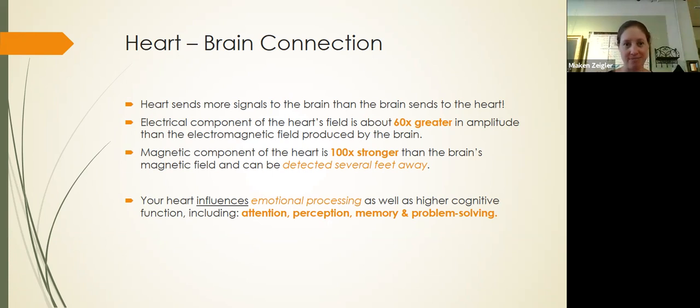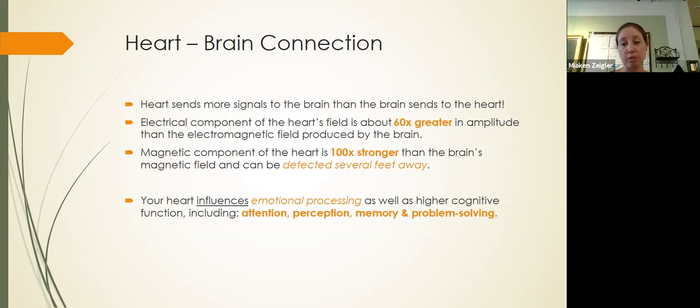So when we're talking about this heart-brain connection, it's really important, right? And that's where heart rate variability can come in because it helps us better evaluate the variability within your heart rate, which tells us how healthy the brain is responding to your world, or your heart is responding to your world, and that impacts the brain. So your heart influences emotional processing.